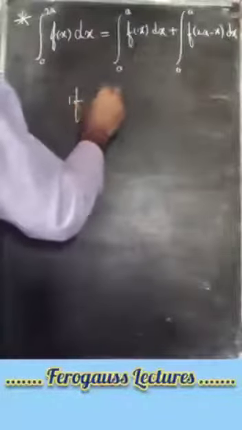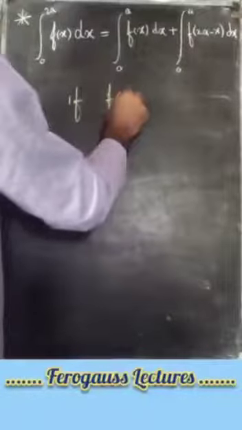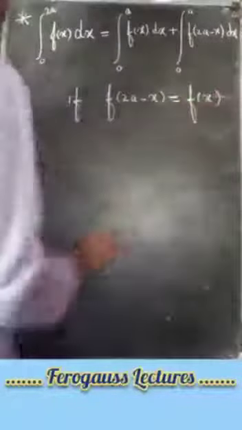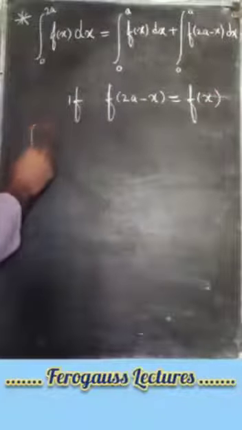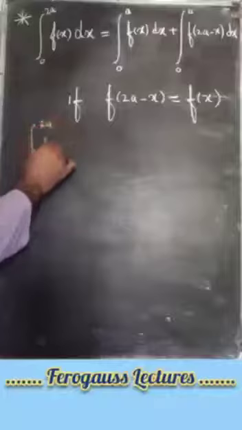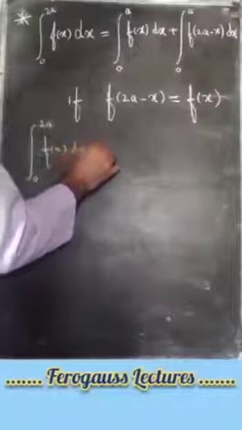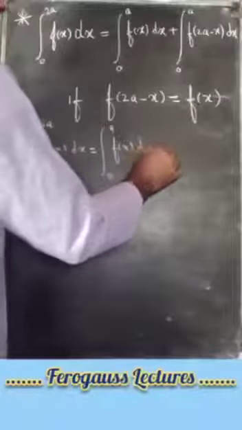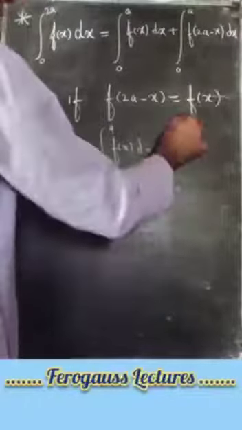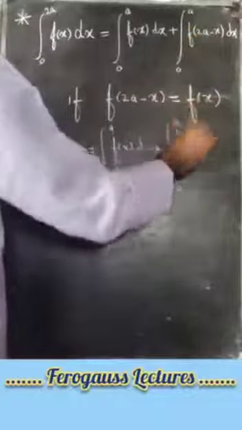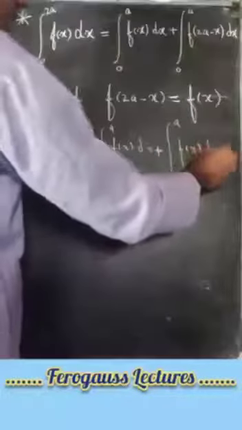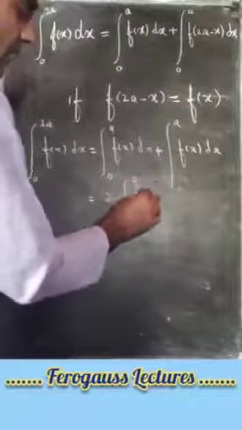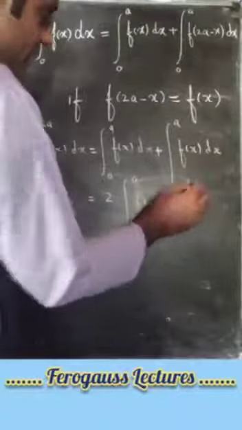If we have f of 2a minus x equal to f of x, then the integral from 0 to 2a of f(x) dx is equal to the integral from 0 to a of f(x) dx plus the integral from 0 to a, now instead of f of 2a minus x, we can write f of x dx, which is further equal to twice the integral from 0 to a of f of x dx.